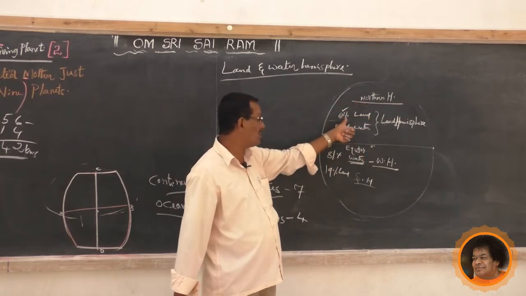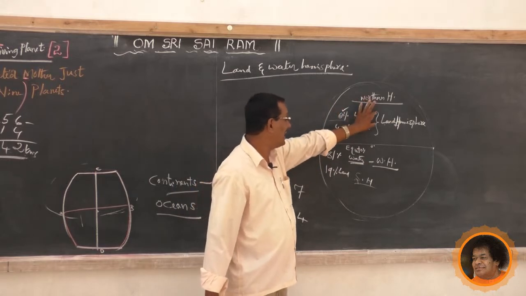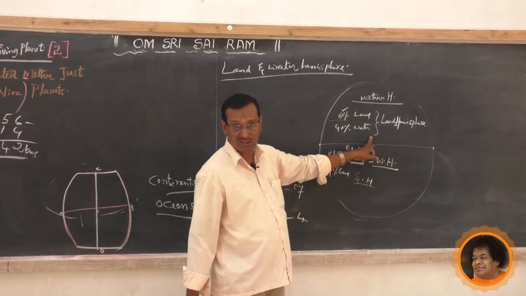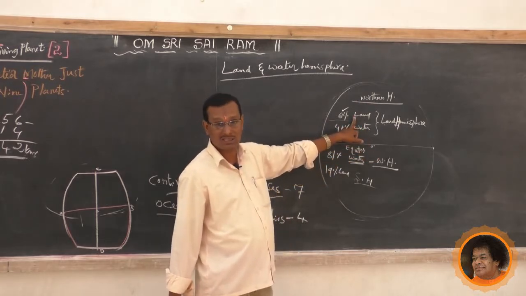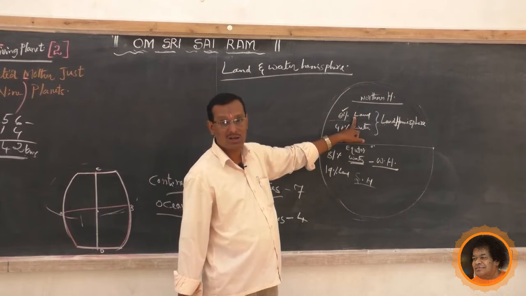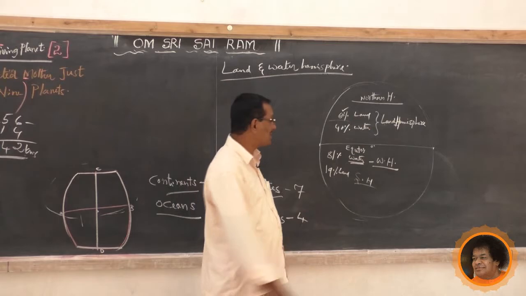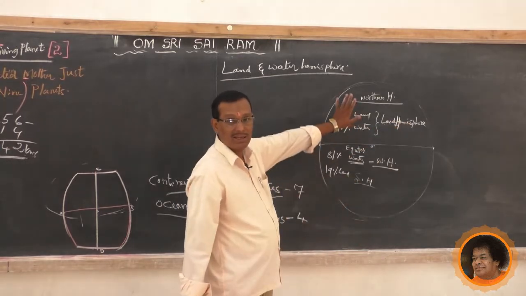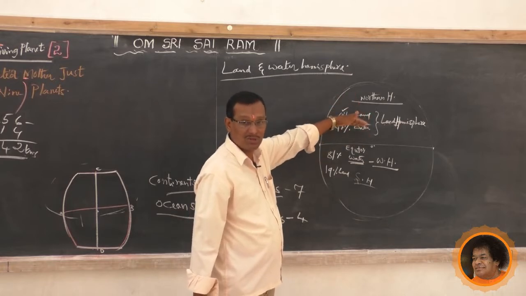Because there is 60% land and 40% water bodies, so the majority is land masses, not water bodies.